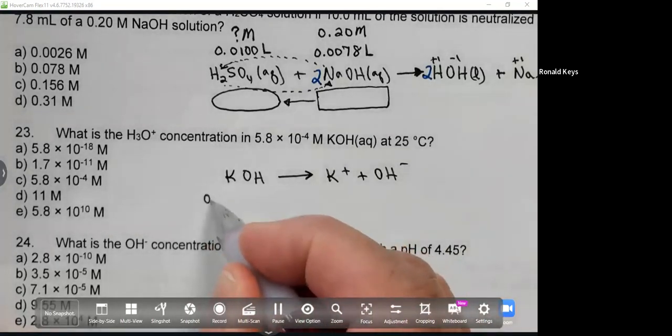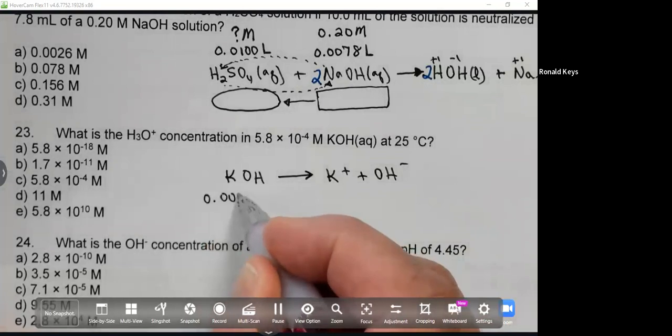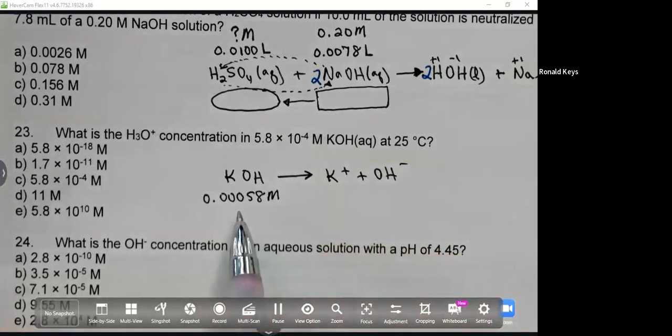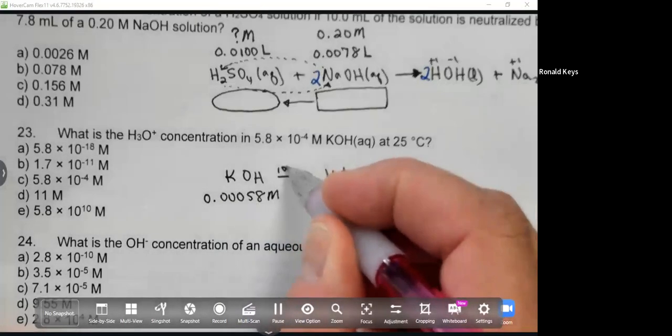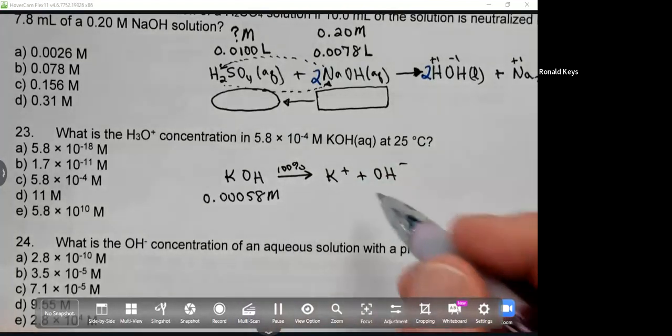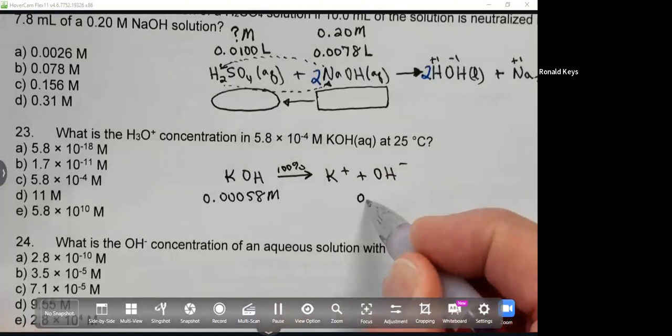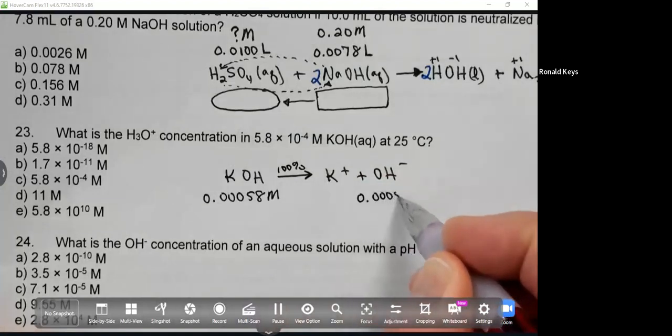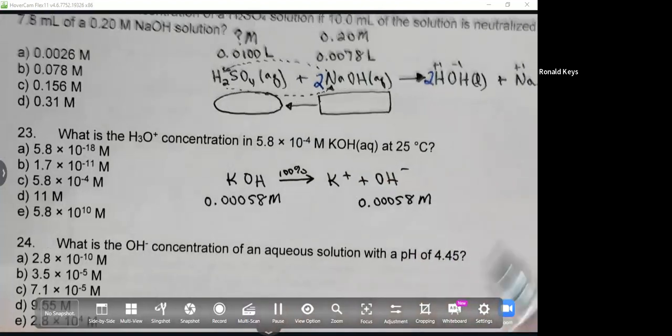I know this is labeled 0.00058 molarity KOH, but there is no KOH hooked up in that solution at all. It is 100% dissociated. And if that's 100% dissociated, I know my molarity of hydroxide is 0.00058 molarity.